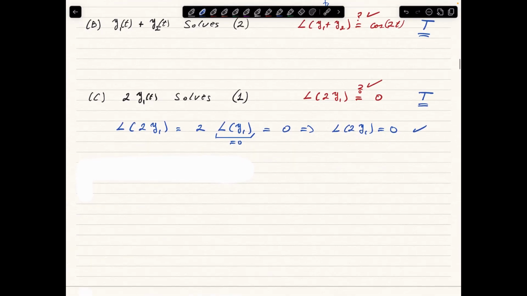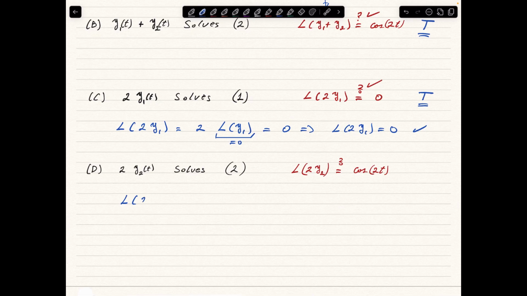And I think it's the last question. What happens if we multiply the other function by 2? Does this product solve equation 2? What it is asking is, is L of 2y2 equal to cosine of 2t? Well, we use linearity again. Linearity says that the 2 goes outside, and we have L of y2.